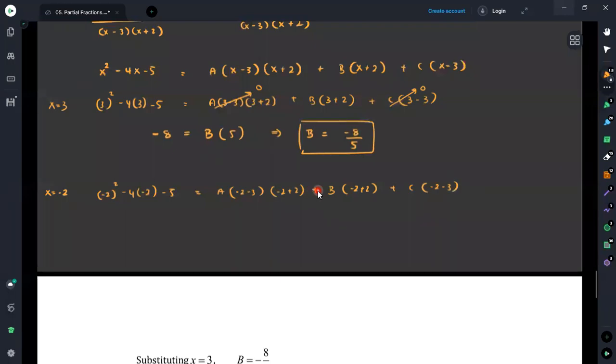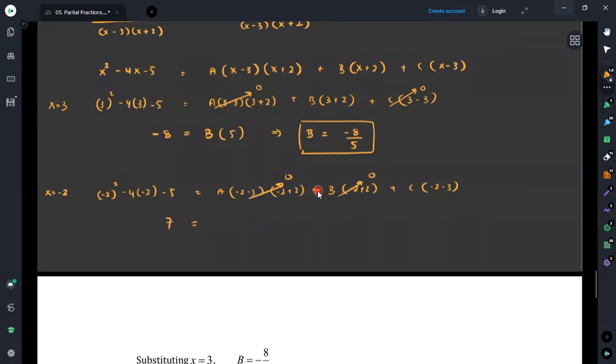Now these two terms become 0. From the left hand side we get minus 2 squared minus minus 4 into minus 2 minus 5, altogether plus 7.